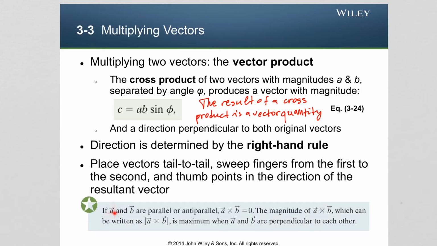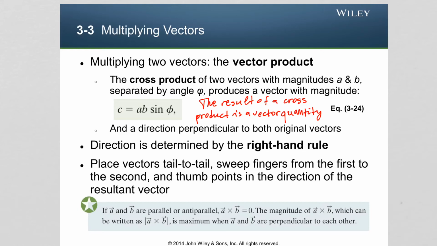If vectors A and B are parallel or anti-parallel, A cross B is equal to 0. That is because the angle between the two is either 0 degrees or 180 degrees, and sine of 0 or 180 is equal to 0.